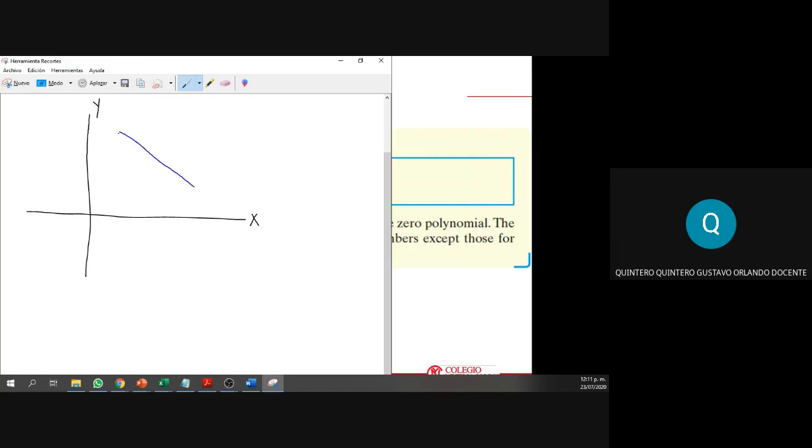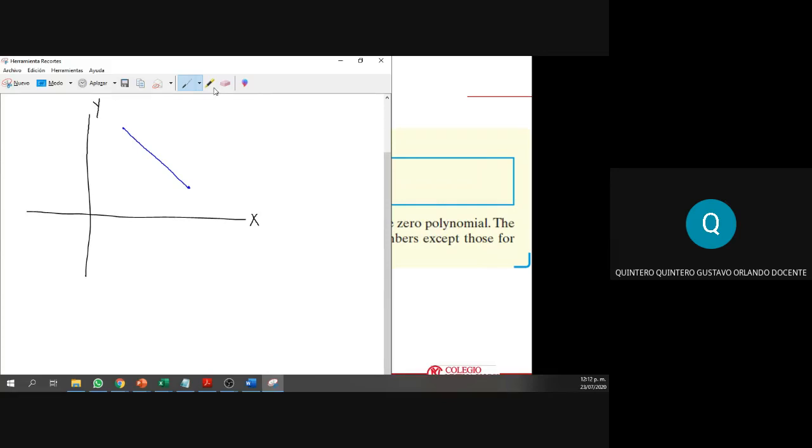The function is going to be the blue line. I am not saying that this line continues to infinity, right? I don't have the arrows in there. Let's draw it again. This line doesn't continue to infinity. In fact, this line begins at this point and finishes at this point. That is going to be my function.